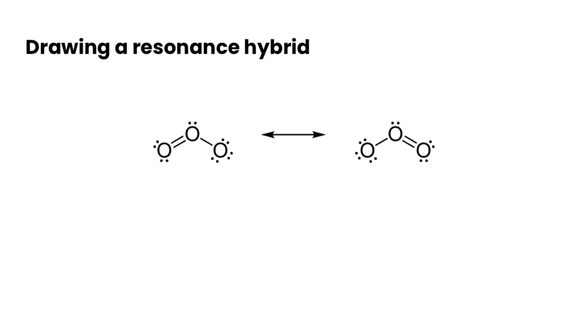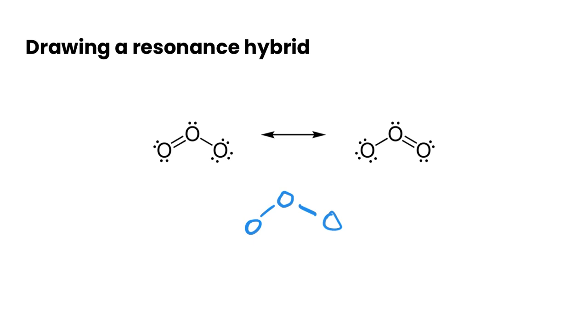And we can represent a resonance hybrid in a slightly different way using a drawing. So it's important to note resonance hybrids are not Lewis formulas because they don't show all the valence electrons. So what we're going to do here to show the one for ozone is we're just going to draw the 3 oxygens. We're going to keep the angle in there, and we're going to show our single bonds as solid lines.